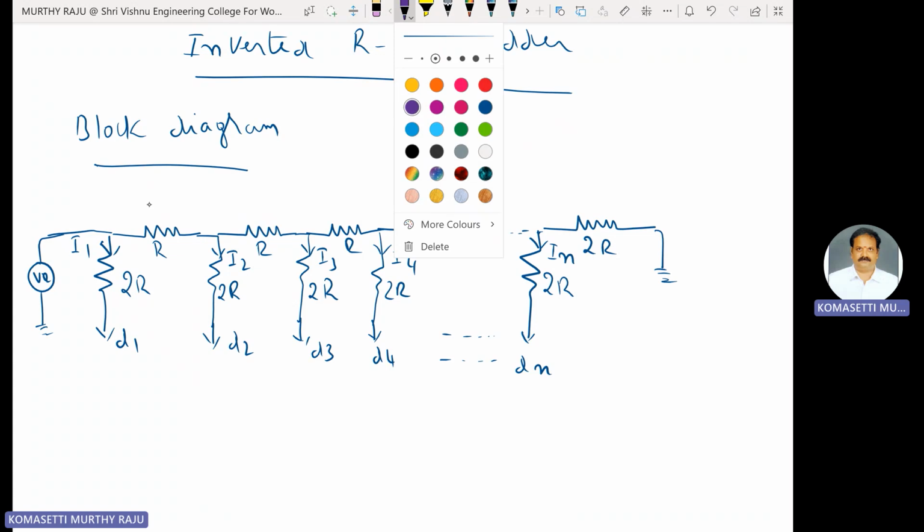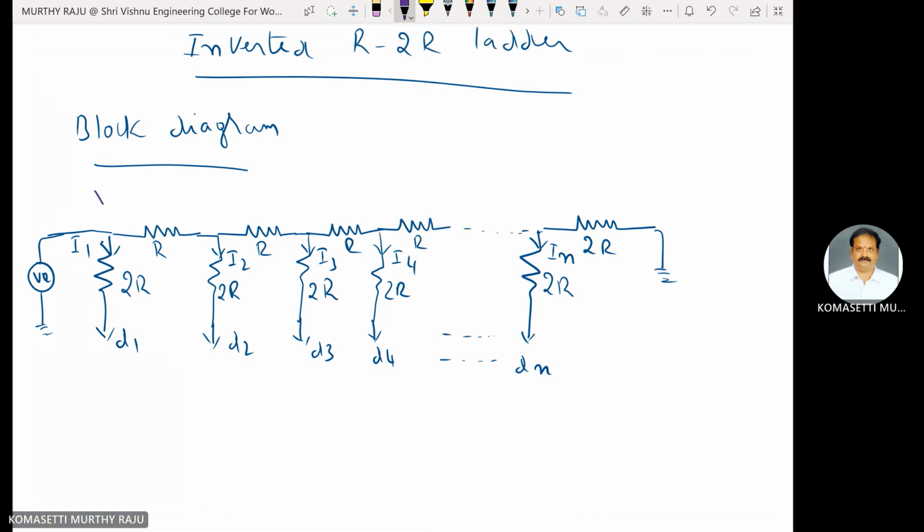Corresponding node voltages are here. This is the node voltage. VR by 2 power 0, VR by 2 power 1, VR by 2 square, VR by 2 cube. At this point, VR by 2 power n minus 1, where n is the number of bits in the digital data.